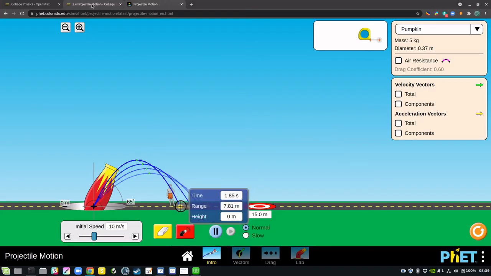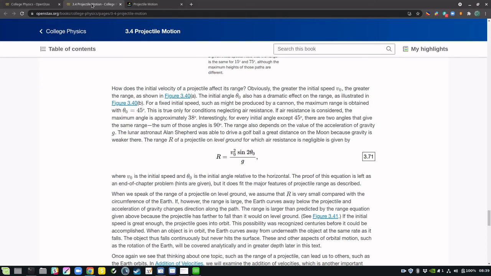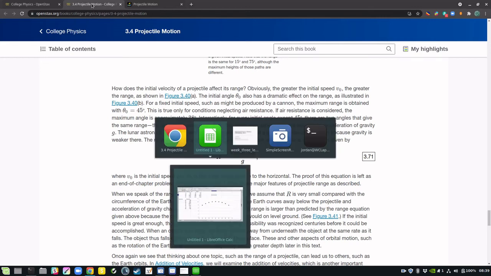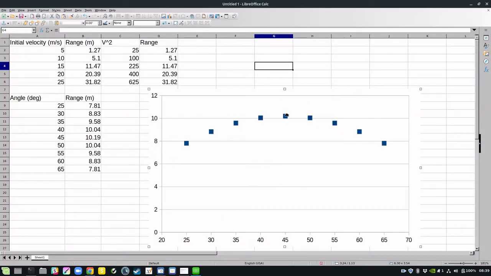The formula says in particular that if you hold v squared constant and g is always constant, then sine 2 theta would be the way to go here. It's a sine function. The sine 2 theta function will peak at 45 degrees. If you just graph sine 2x versus x, then the peak is at 45, not 90.